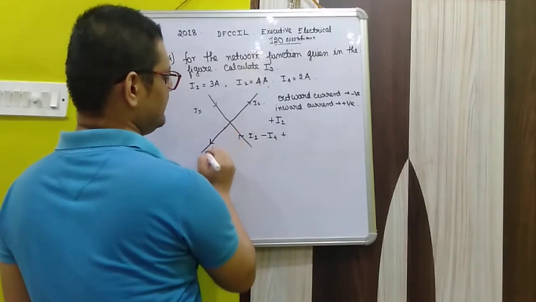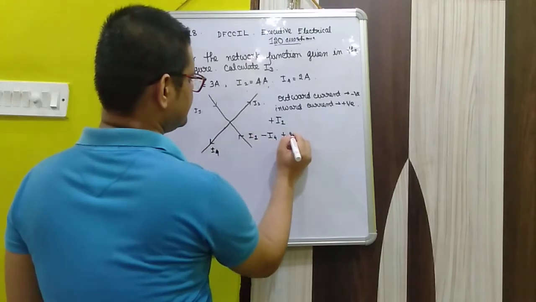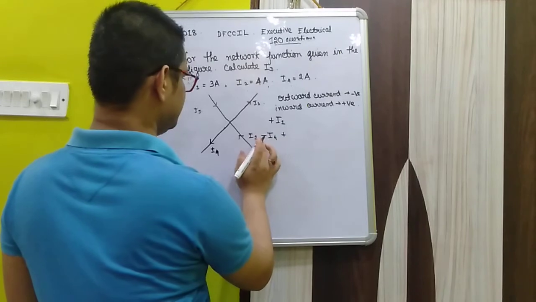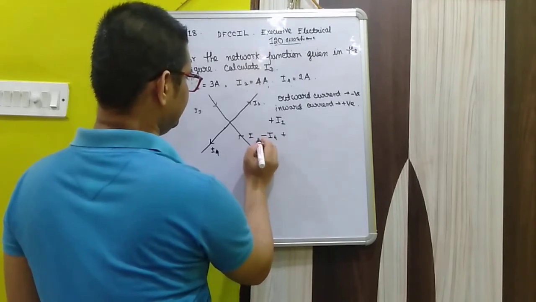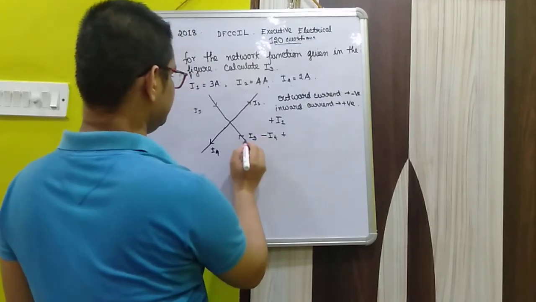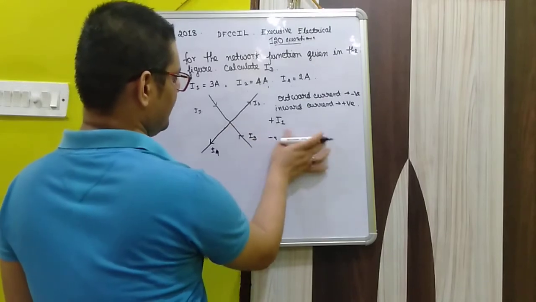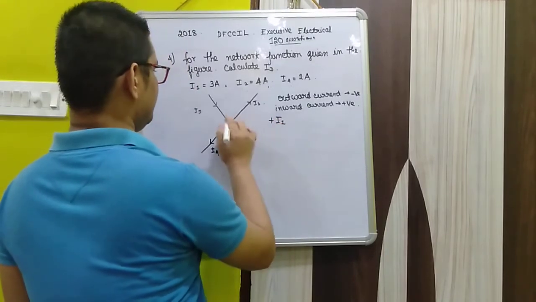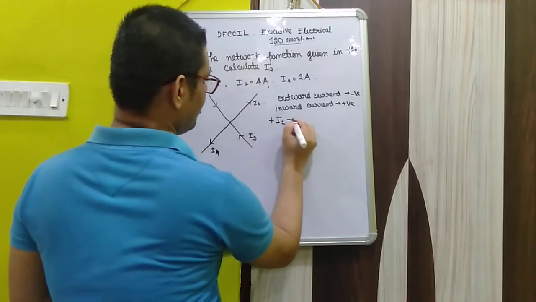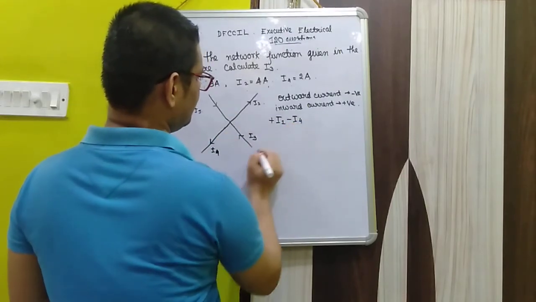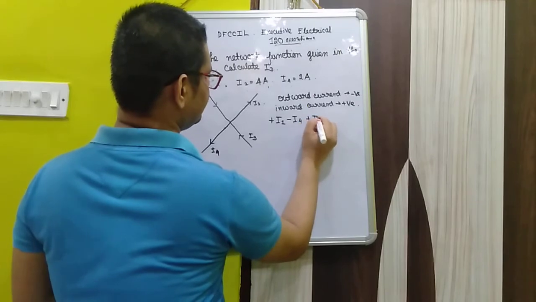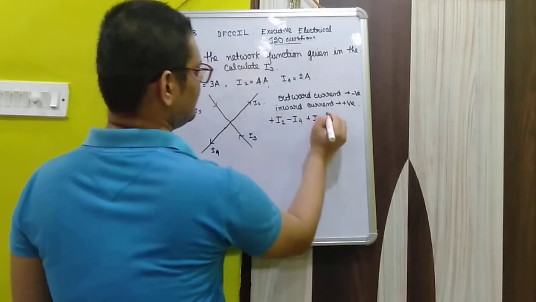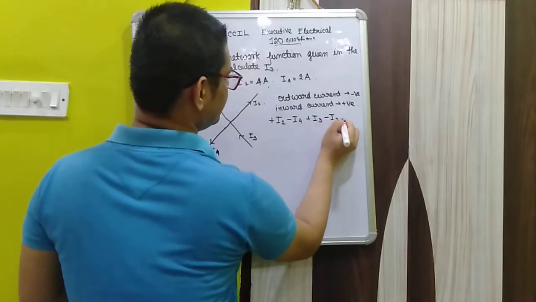Going towards the node is, I missed something, I think it's I3. I3 is going towards the node. So now I write the final equation: plus I1, minus I4 as it is leaving the node, plus I3 going towards the node, and minus I2 as this is leaving the node, is equal to 0.